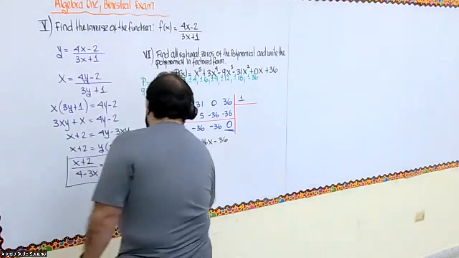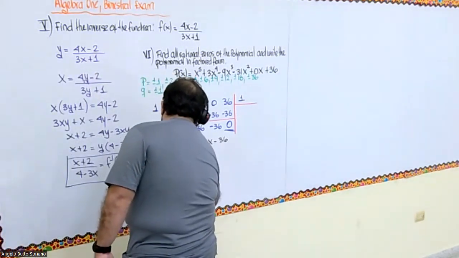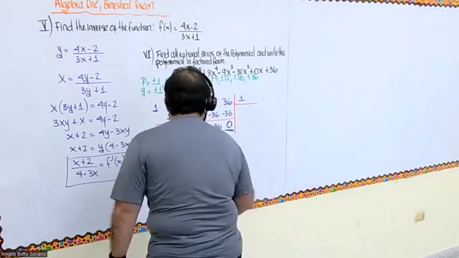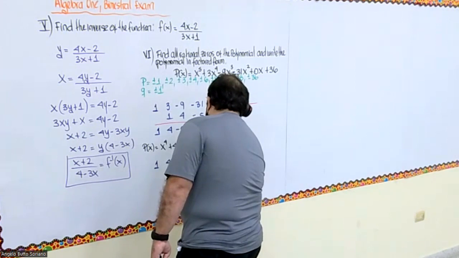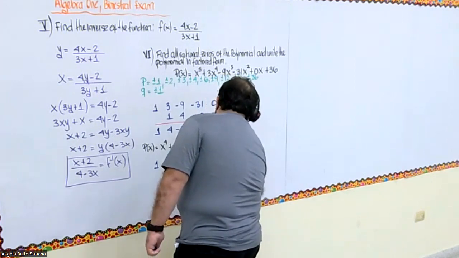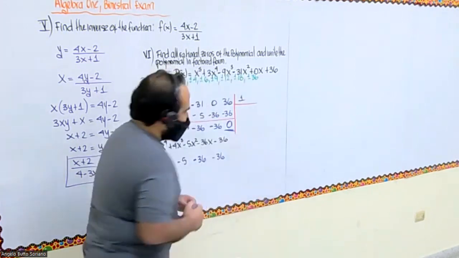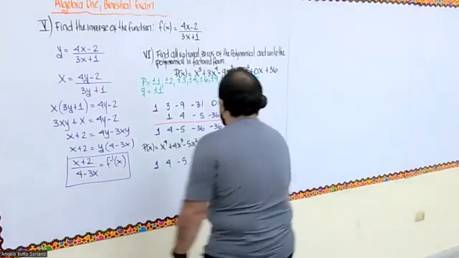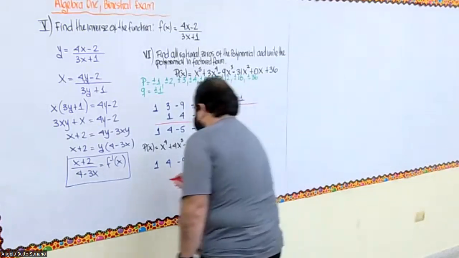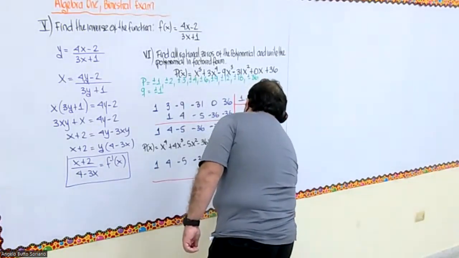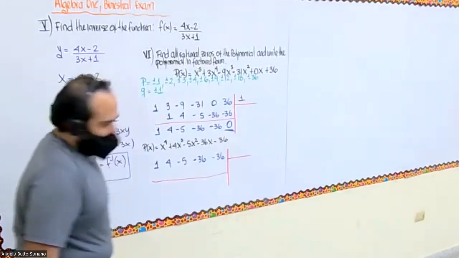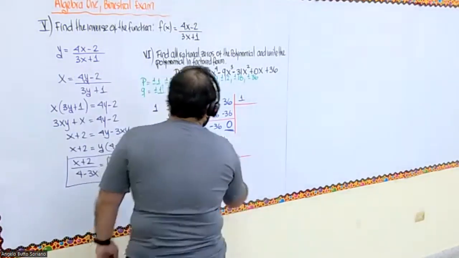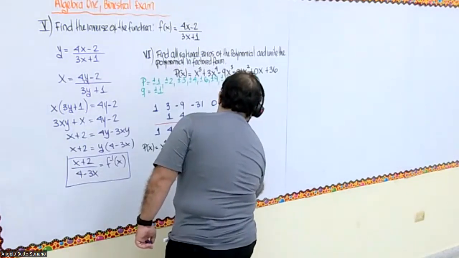So we can continue with the numbers 1, 4, -5, -36, -36, okay? And remember, in this long division, this time the chosen one will be -3.